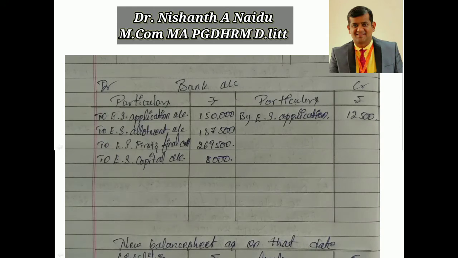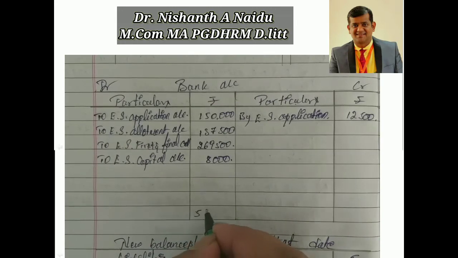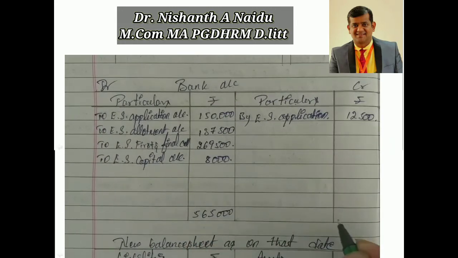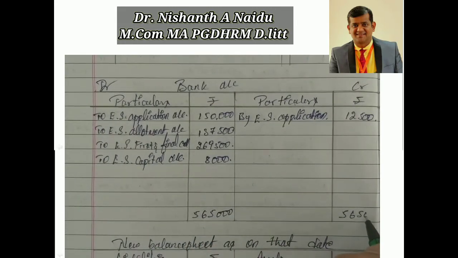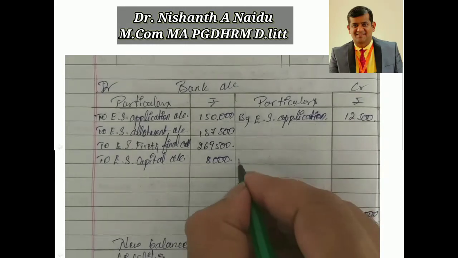Okay, so now total this column, that is 1,50,000 plus 1,37,500 plus 2,69,500 plus 8,000. So the total bank account is 5,65,000 rupees. Both the side 5,65,000.